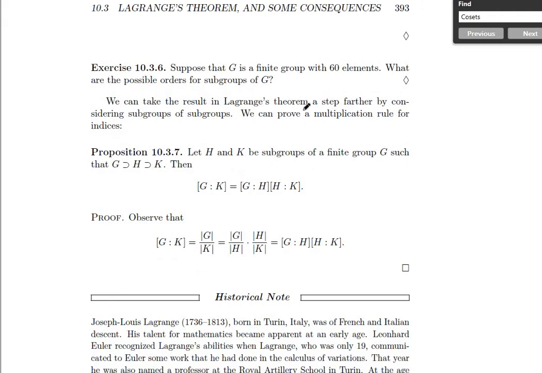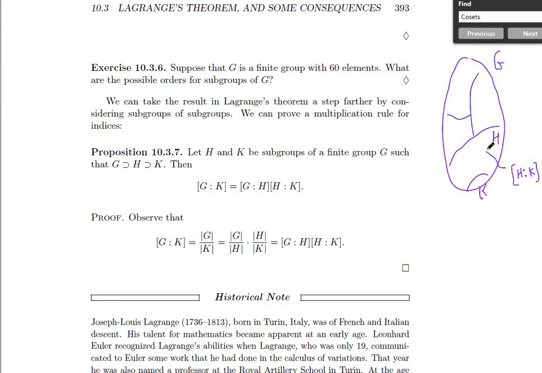All right, now you can actually go one step further. If you have a group G, let's draw a picture here, and inside of G you have H, and inside of H you have K, and K has cosets in H, and H has cosets in G. Well, the number of copies of K in H will be H : K. So there's H : K cosets of K in H. However, H itself has cosets.